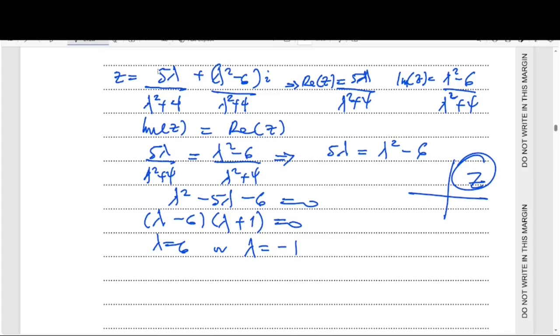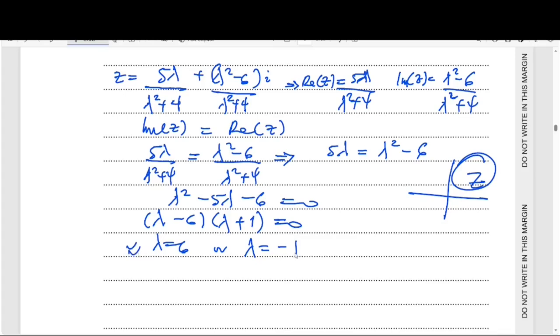So yeah, 6 will make the real part positive. Now do the same thing, substitute lambda equal to 6 into the imaginary part. So we have 36 minus 6, that's 30, over 36 plus 4, that's 40, giving 3 over 4 i. So when lambda is equal to 6, z lies entirely in the first quadrant. So yeah, 6 is a solution.